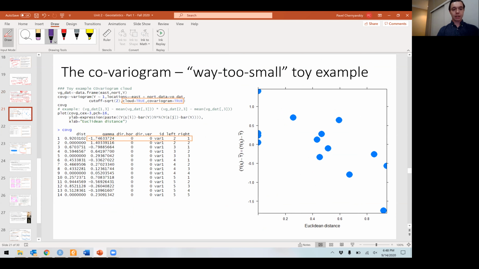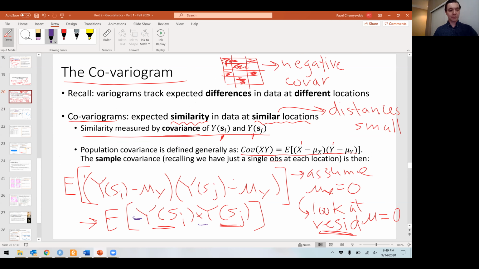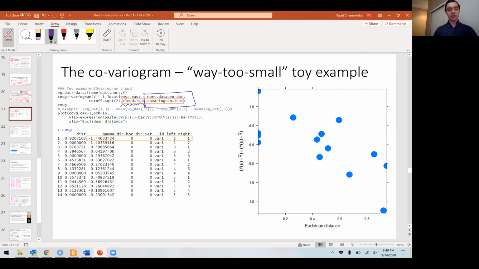So the code for fitting a covariogram is quite easy. You just set covariogram equals to true, and we can produce a cloud. So just like you can compute half the square difference between every single pair of observation, you can also take the cross product of every pair of observations.